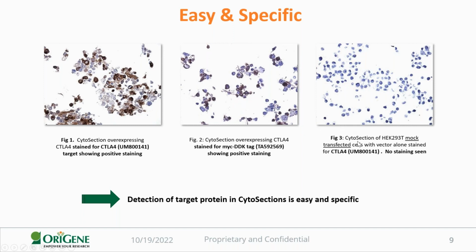The last figure is HEK293T mock transfected cells, which have vector alone but no insert. They are stained with the same antibody, and you see no staining. The goal of this slide is to demonstrate that cytosections can be easily used, and are very specific for staining.